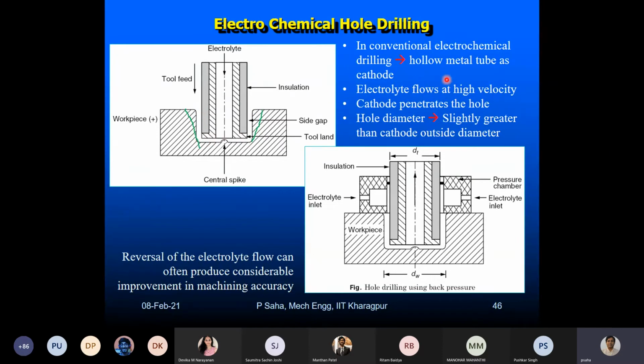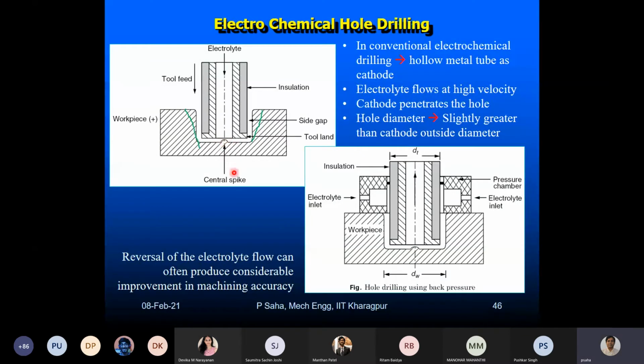Okay, and it is a hollow tube, meaning centrally there is a hole through which the electrolyte flows. The cathode penetrates, and the hole diameter is slightly greater than the outside cathode diameter because of the overcut. Here, because of the flow segregation, this portion is not central, and there may remain a hump like this.